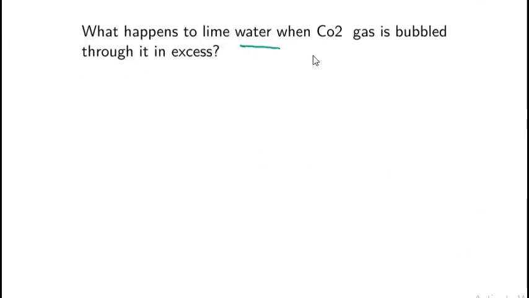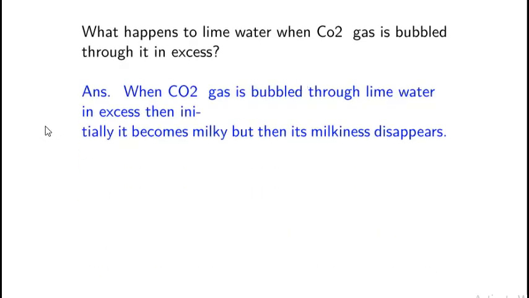What happens to lime water when CO2 gas is bubbled through it in excess? You know that when carbon dioxide is passed through lime water, bubbles are formed. So when carbon dioxide gas is bubbled through lime water in excess, initially it becomes milky and later its milkiness disappears.